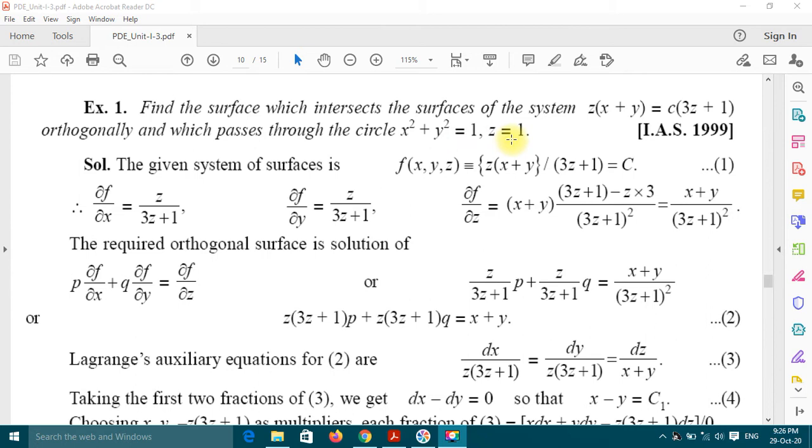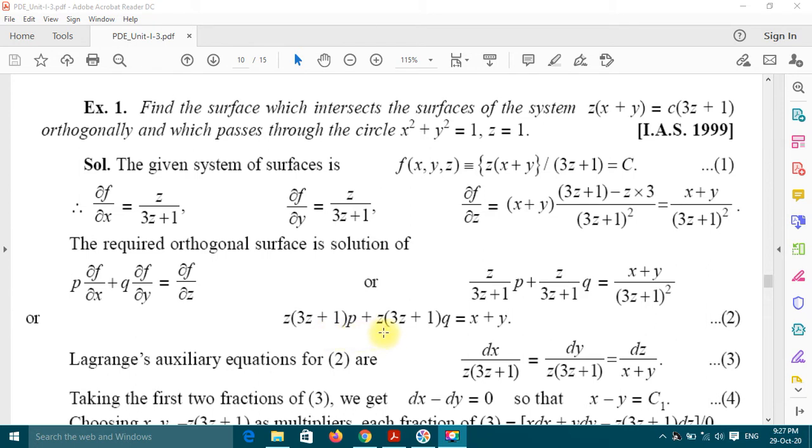And you know very well that the integral surface of this equation is always orthogonal to surface 1. So first we find the integral surfaces of this equation 2.